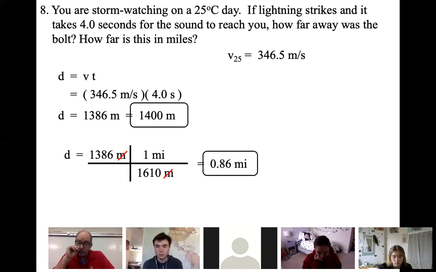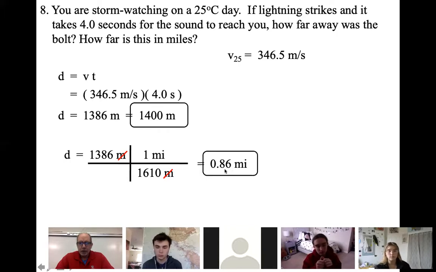So this whole urban myth about 1 second per mile, that's completely false. That's assuming that the sound travels a mile per second through the air, but it doesn't. It travels a mile per second through water, but not through air. It travels much slower.